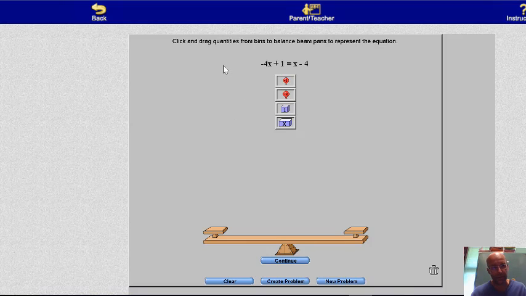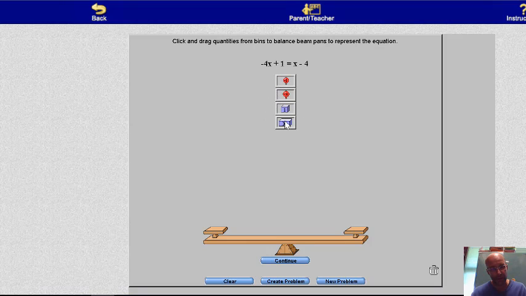In class, you're going to also play with an app on a website, and it gives you other ways of playing around with balancing. And here's a quick example. I'm not going to do this one for you, but I'm just going to show you. We have negative 4x plus 1 equals x minus 4. It's a little bit more abstract because it's using x, whereas the other one used concrete objects, but it works the same way.